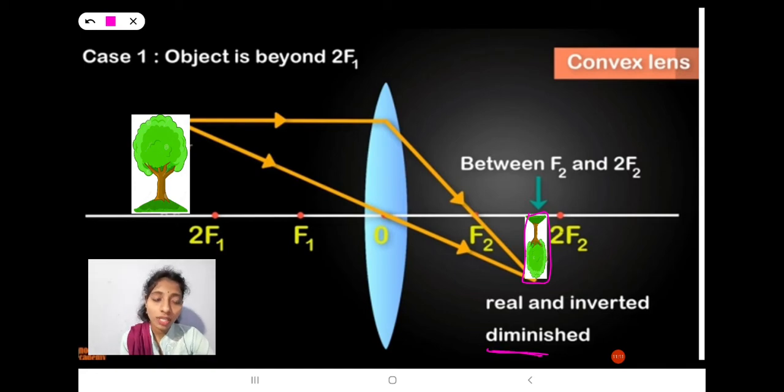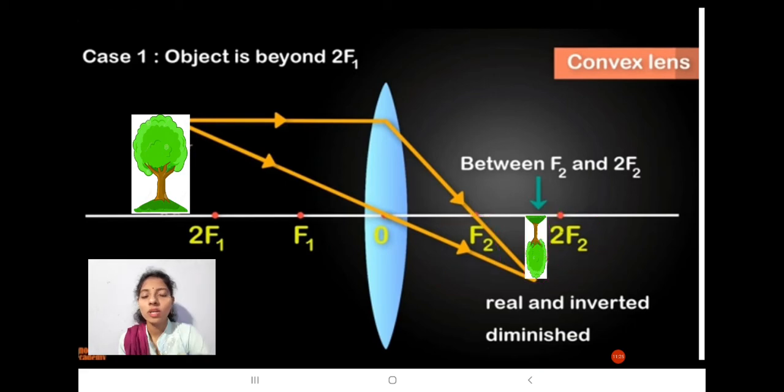The size of the image is decreased here, and what is the position of the image? Between f2 and 2f2. Yes, so this is case 1. When we take the object beyond 2f1, we will observe the image between f2 and 2f2, and the image will be real, inverted and diminished.